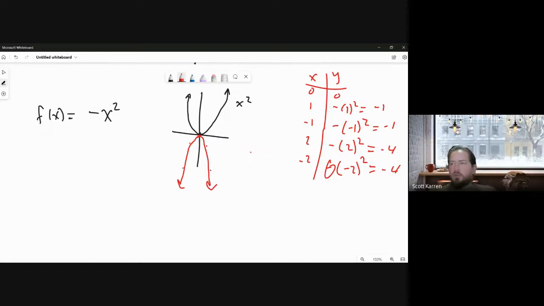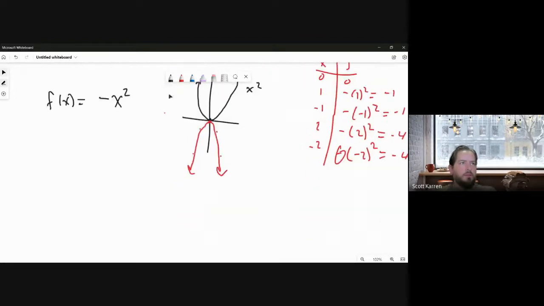But that's what we're looking at, right? So then we would say that if f of x is negative of some function, then f of x is g of x, but flipped about that x-axis.